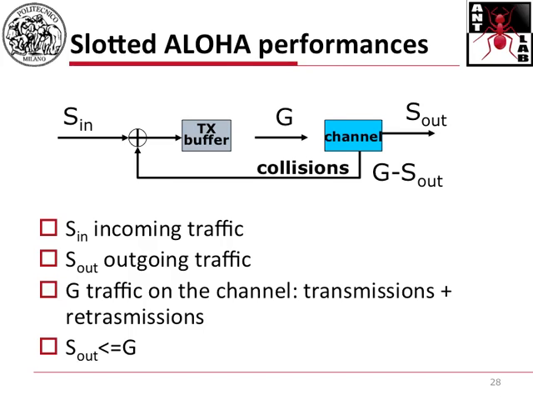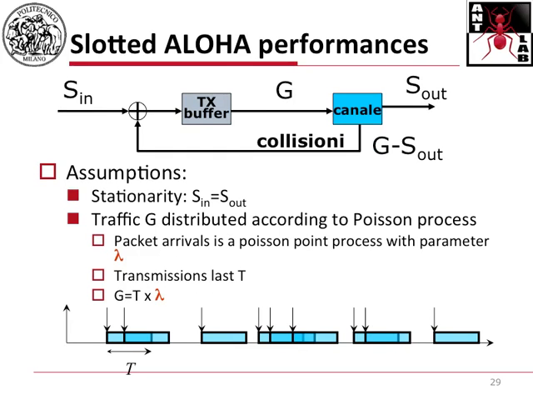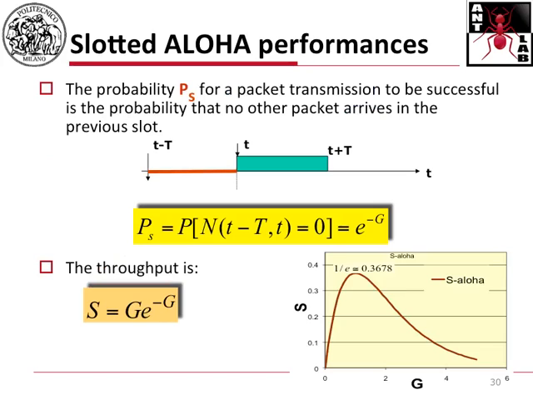Okay? And under different assumptions, which I'm just skipping here, you can easily show that the throughput of any slotted aloha system, which is defined as S, is equal to the channel traffic, so what you offer to the channel, which is called big G, multiplied by a number, which is e to the minus G, which is basically the success probability.